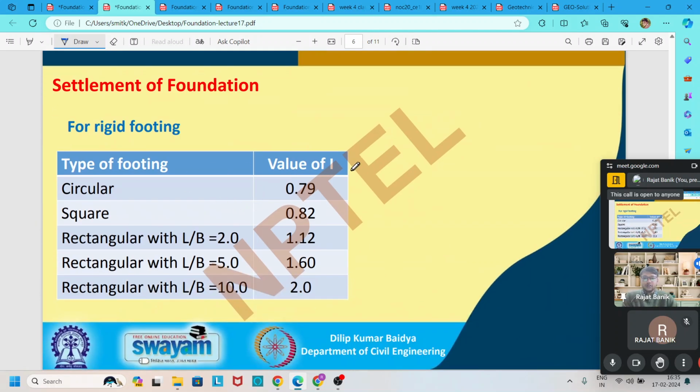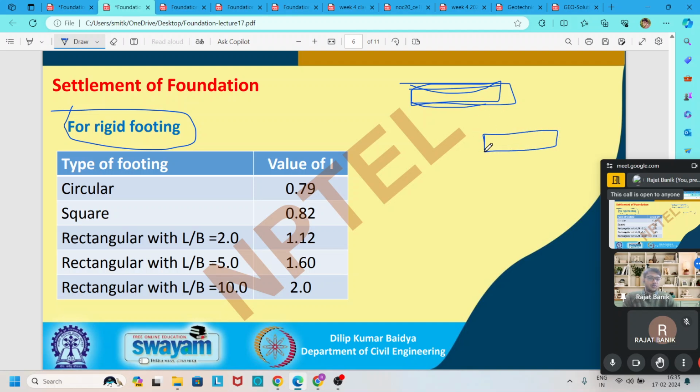Then this value of I for rigid footing: that means the foundation is very rigid, it cannot be bent, and if we apply load, the settlement is uniform. This is called rigid footing. High rigidity means the rigidity modulus is very high, that means EI of the foundation is very high, about infinity.